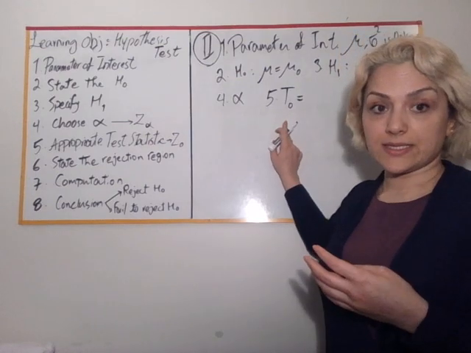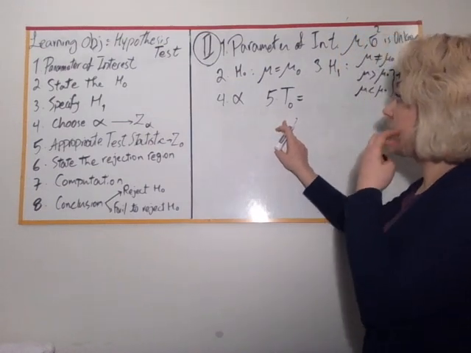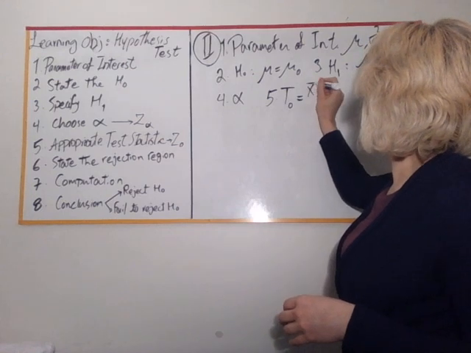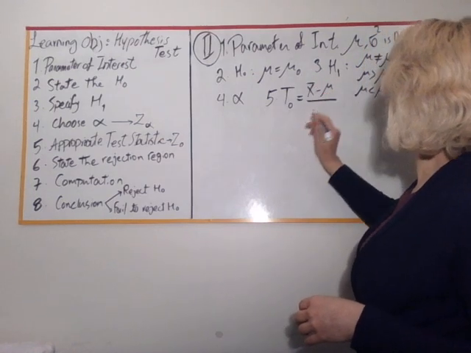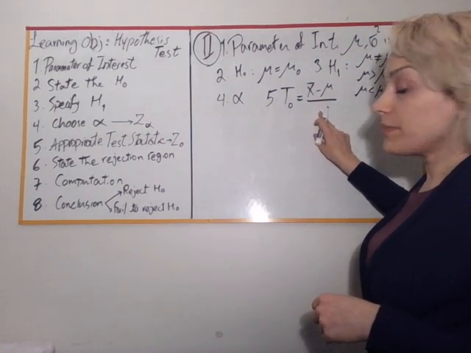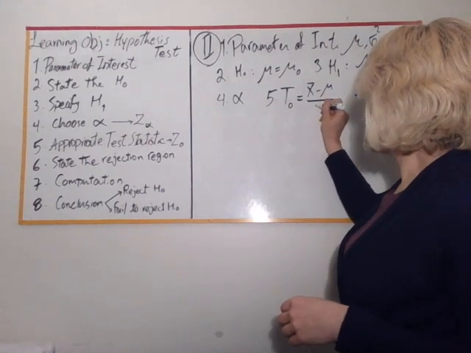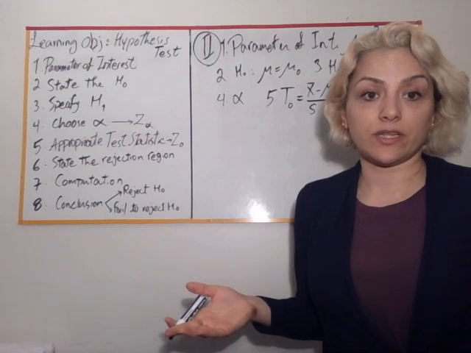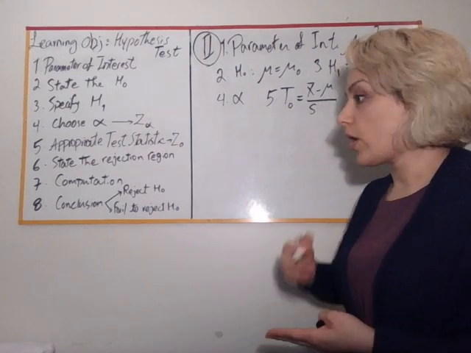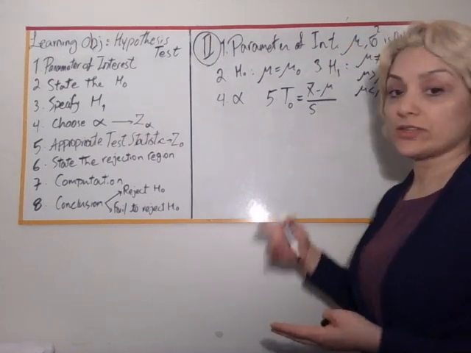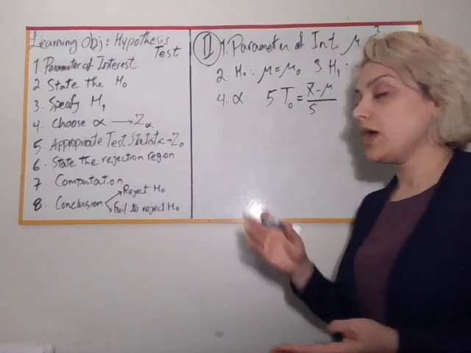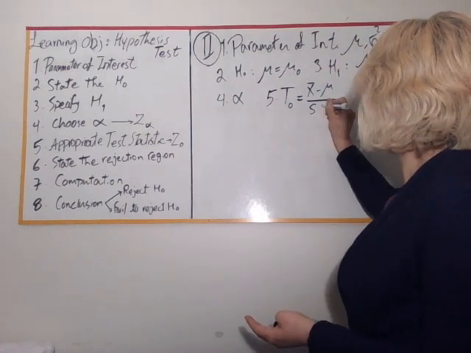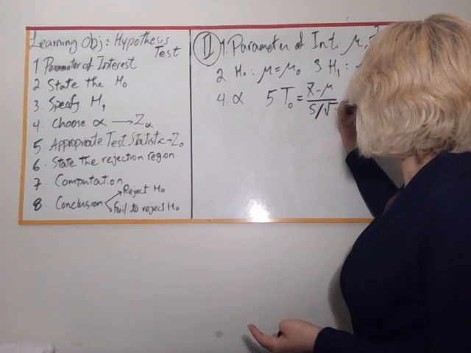T null is equal to x bar minus mu divided by, in the denominator, S, because I don't know the standard deviation of the population, so I need the standard deviation of the sample. So it's S over the square root of n.